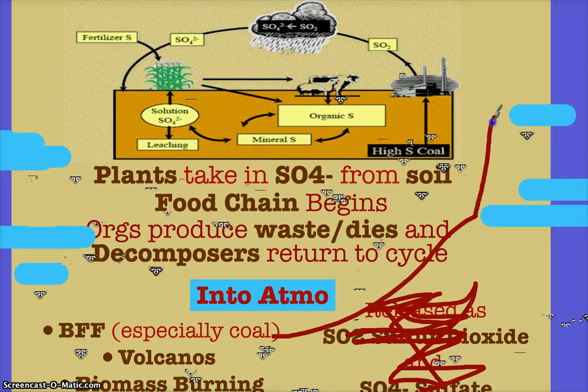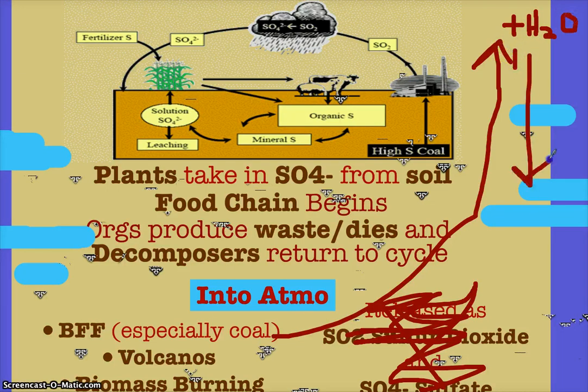It gets released into the atmosphere. It reacts with water, so plus H2O. I'll make you a little diagram here. And then it comes back down in the rain as acid rain. Have you ever heard of acid rain? Yeah. That's what causes it, okay? I'm done for today.